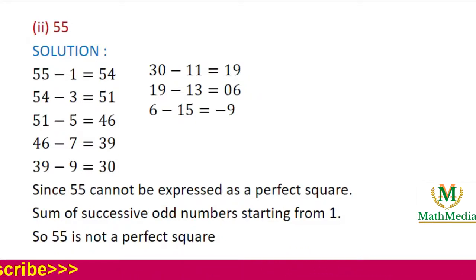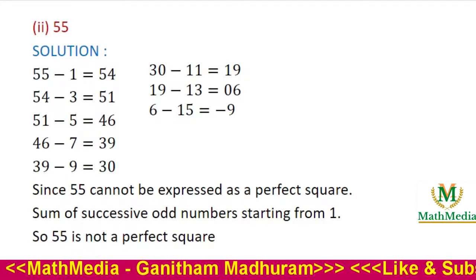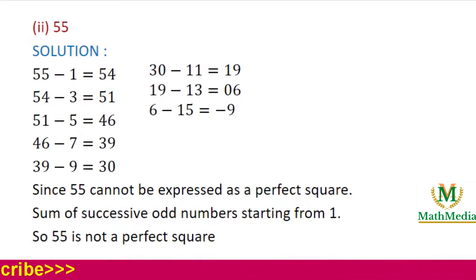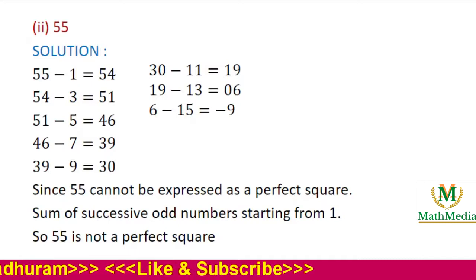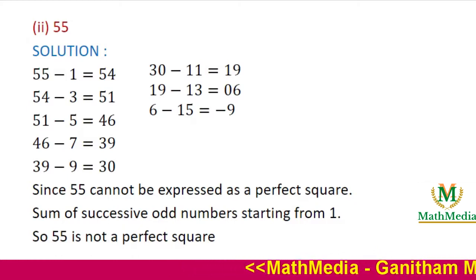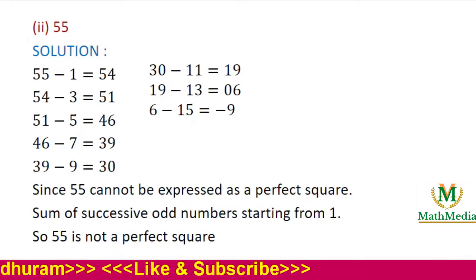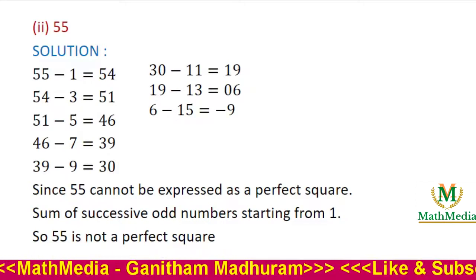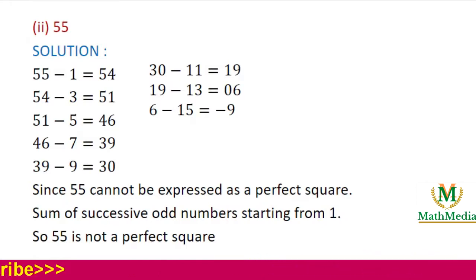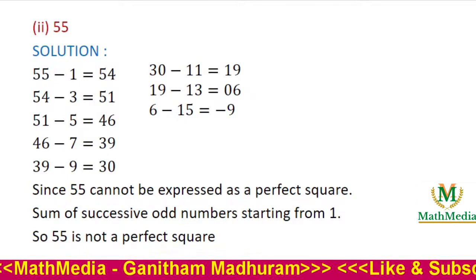How to check? By doing successive subtraction of continuous odd numbers. So first odd number 1 we subtract from 55, we get 54. Then 54 minus 3 is 51. 51 minus 5 is 46. 46 minus 7 equal to 39. 39 minus 9 equal to 30. 30 minus 11 equal to 19. 19 minus 13 equal to 6.